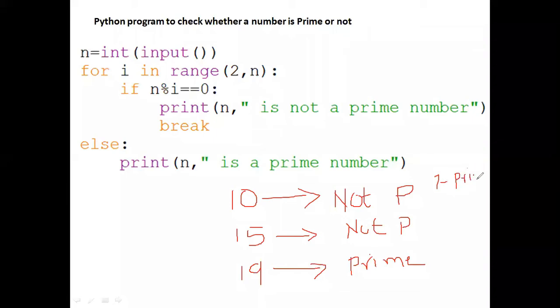First, we think about the logic: how are we saying that 10 is not prime, 15 is not prime, 19 is prime, and 7 is prime? The prime numbers start from 2, 3, 5, 7 like that.